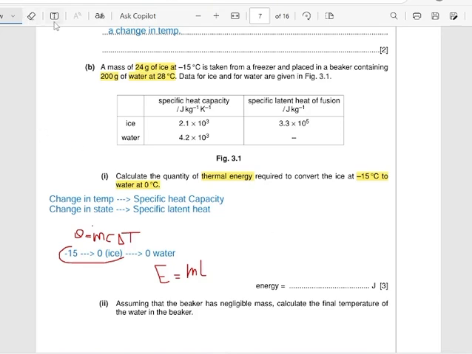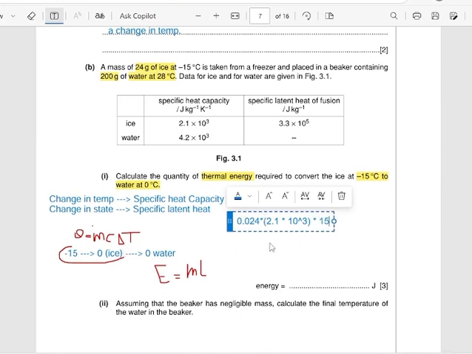Now all you have to do is plug in the values, because you're asking for the thermal energy. The mass of ice taken is 24 grams, which is 0.024 kilograms, into the specific heat capacity of ice, which is 2.1 into 10 raised to the power 3, into delta T. It went from minus 15 to 0, so the change in temperature is 15 degrees Celsius.